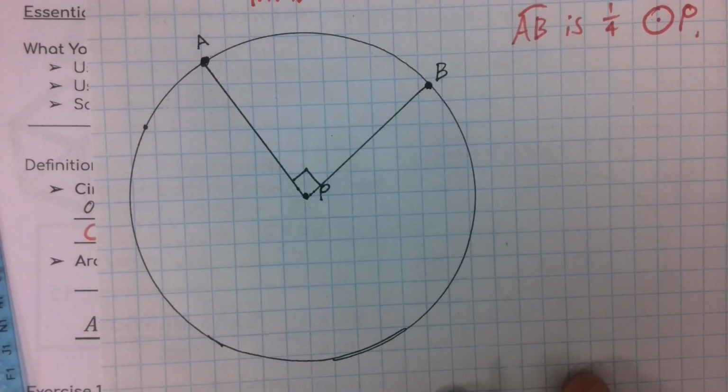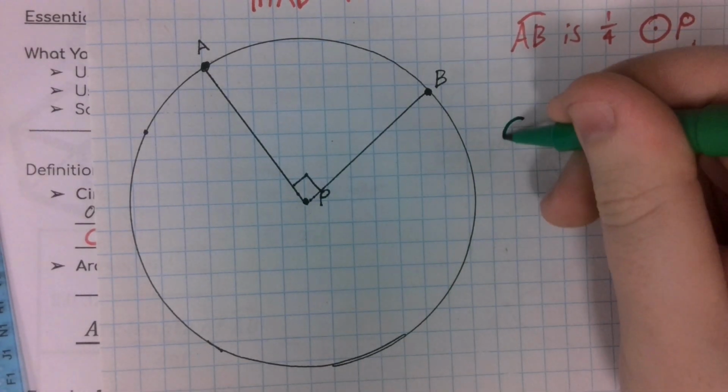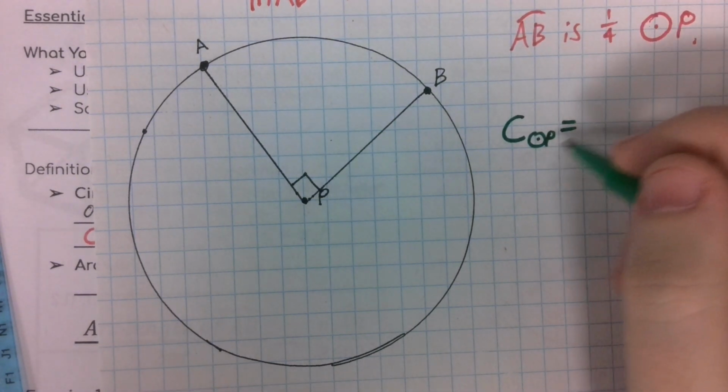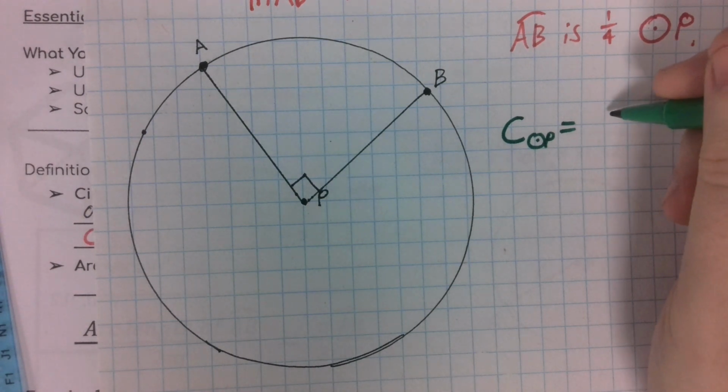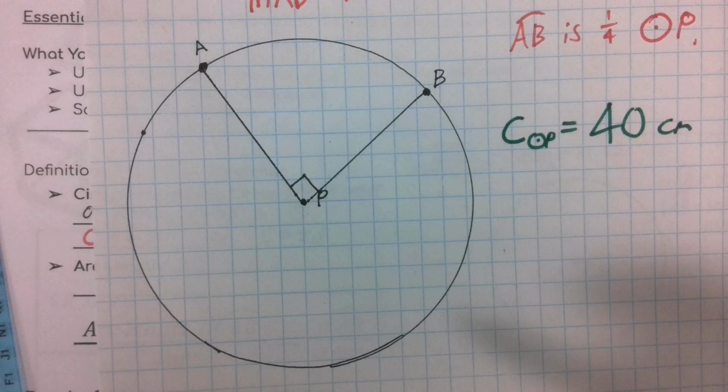Let's say I told you that the circumference of circle P is going to be, I don't know, let's call it 40 centimeters. So the entire path around circle P will be 40.